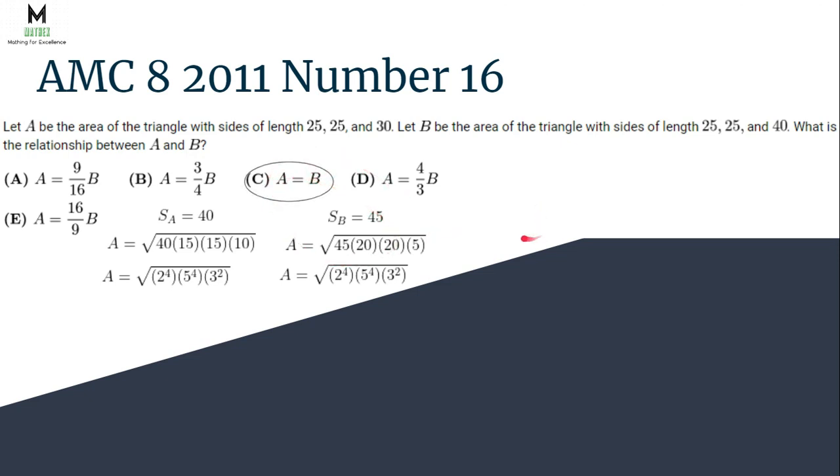So in this video, we've gone over Heron's formula, and we solved an AMC practice problem. Along with that, I've also shown you how Heron's formula can be used to prove some cool properties with 13, 14, 15 triangles. So hopefully this gets my point across. Heron's formula is a really powerful tool in finding the area of a triangle.